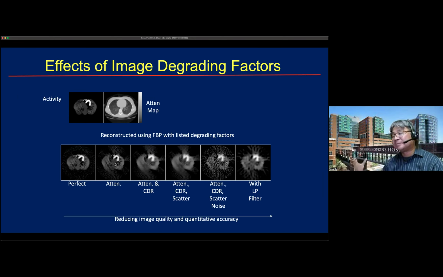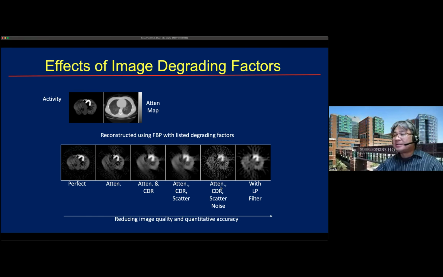When introducing resolution blur, the image becomes blurred. When we add scatter, usually a low frequency background, it can reduce the contrast and also introduce some additional blur or artifact in the image. Then we have noise, and you can see the image becomes very hard to read. We can reduce it somewhat with low pass filters, but the image quality is much worse compared to the original image.